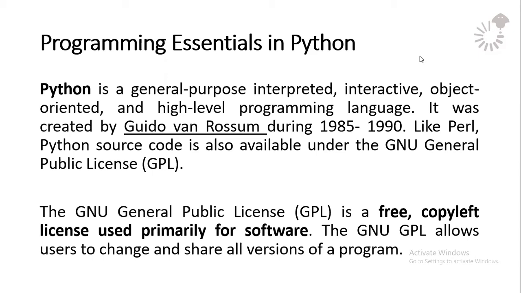And then, nirelease niya yon as Python version Glimmer. Okay? So, that's how GNU GPL works. Meaning, everything that is uploaded in the general public library is available for other users to study and change.